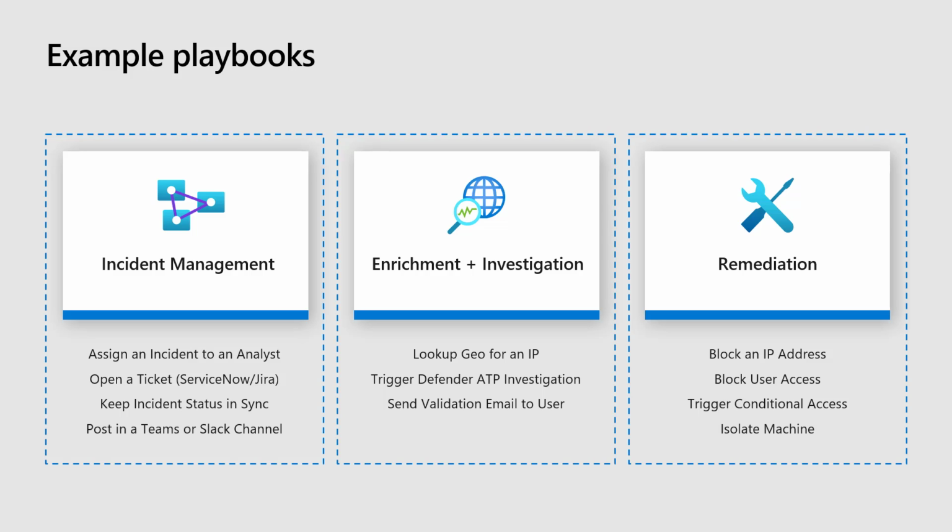So it's from incident management to investigation to even remediation, to set a rule that blocks an IP address from communicating into your environment, or blocks a user, quarantine a user out of the system, or even say, now we want to alert and generate a new conditional access rule for this particular user or this particular environment.